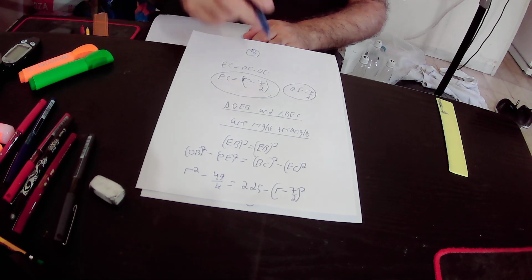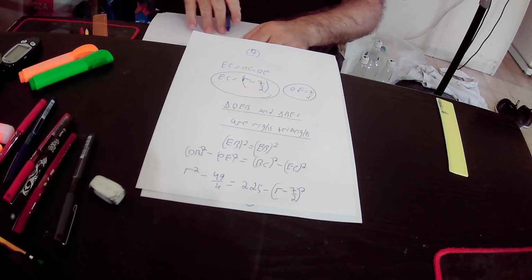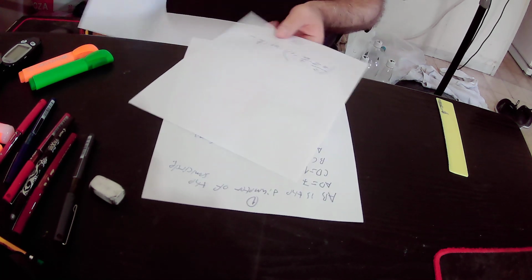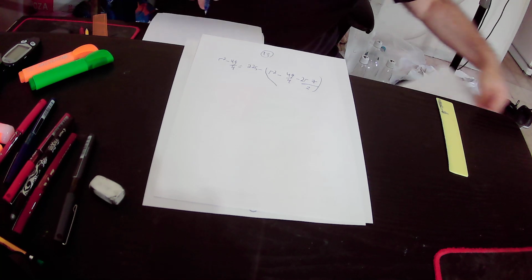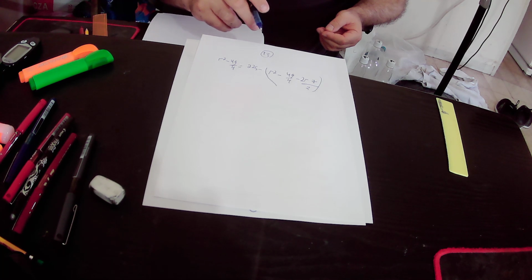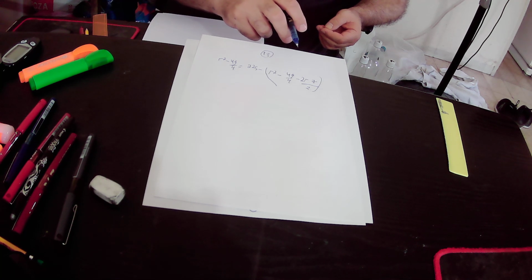R minus 7 over 2 square equals R square minus 2 times R times 7 over 2 plus 49 over 4.